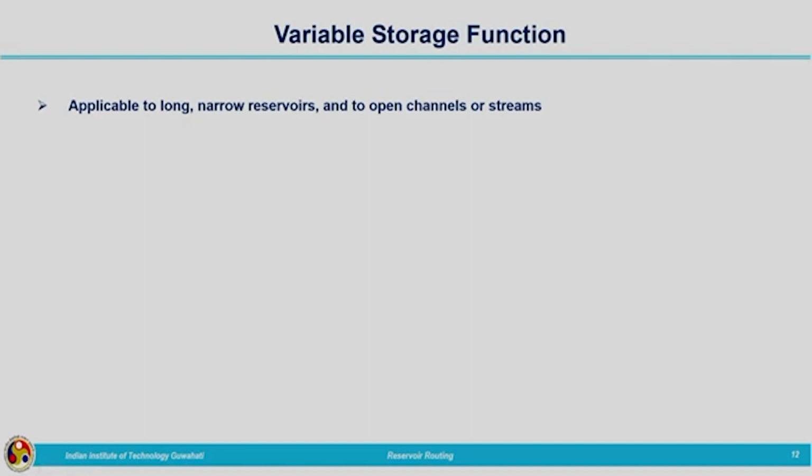Now, coming to the variable storage function, how is it different from the previous one? The previous one is the invariable storage function, and we have seen that it can be applied when the width and depth of the reservoir are more compared to the length of the upstream reach we are considering.